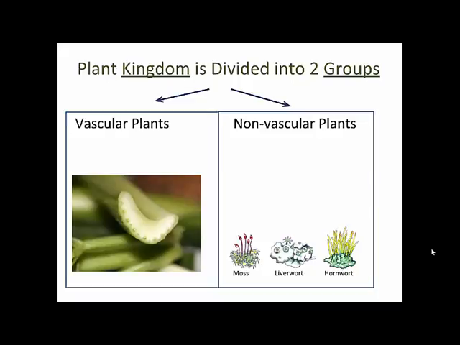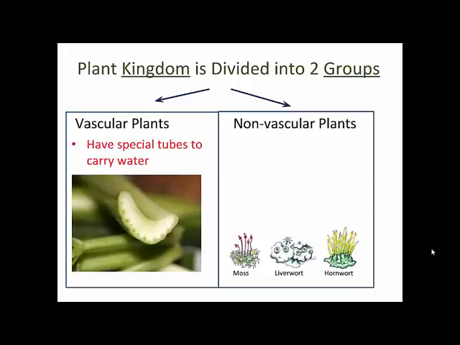Do you know what the word vascular means? Vessels. What is a vessel? A hollow tube. Okay, a duct that can transport things, like our blood vessels, our arteries, veins, and capillaries, which transport blood through our body.